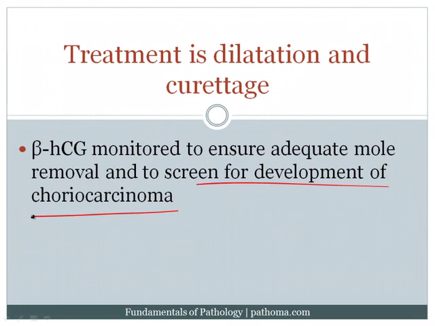So that's what we want to screen for, and we can use the beta-HCG to screen for it. We can ask the patient to come in for subsequent beta-HCG testing over the next year, for example, because it's usually within the first year after the removal of the molar pregnancy that a choriocarcinoma could classically develop. So the beta-HCG is useful for screening for the future development of choriocarcinoma in these patients as well.